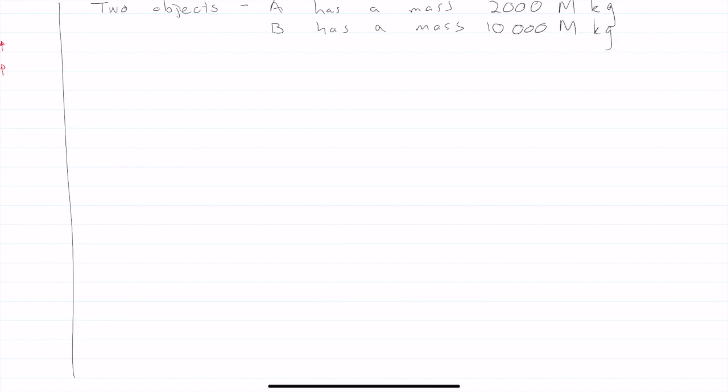Their distance is fixed. We have a fixed distance between A and B of, let's say, 1,000 kilometers.